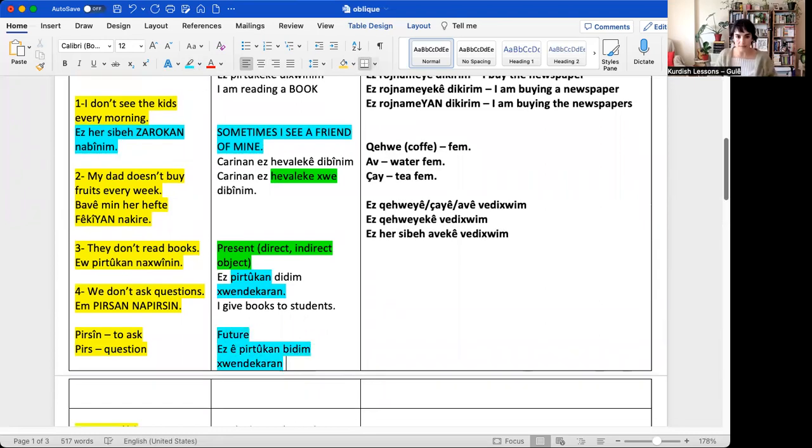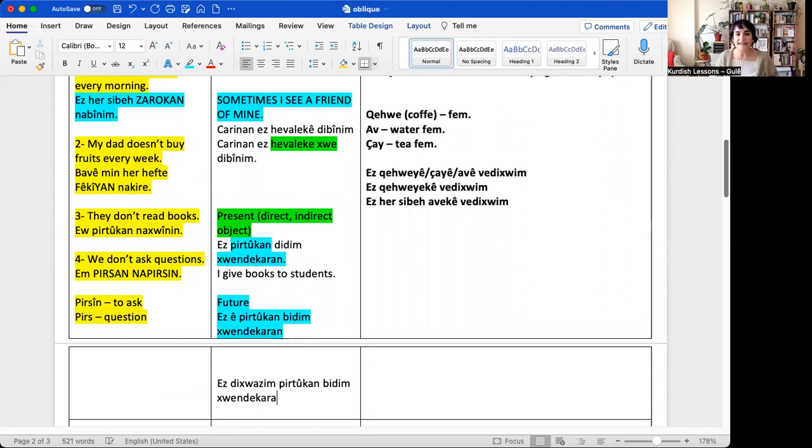With modals, as دخوازم partukan bedem khondekaran. Okay, so you see with future, present, and modals, direct and indirect objects are in oblique form. But in the past, just indirect objects.